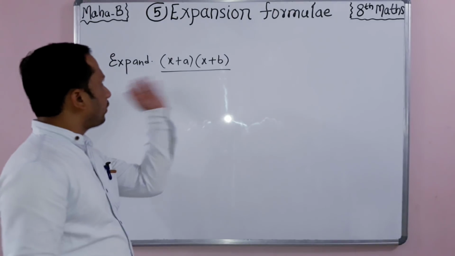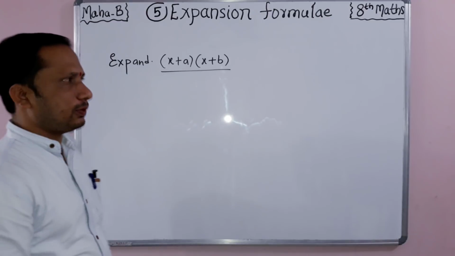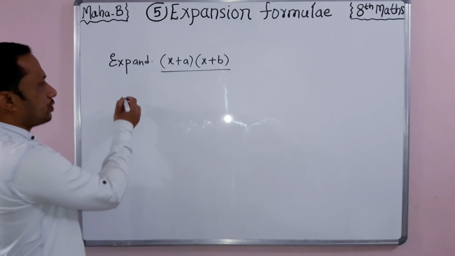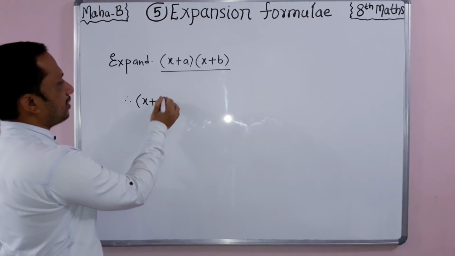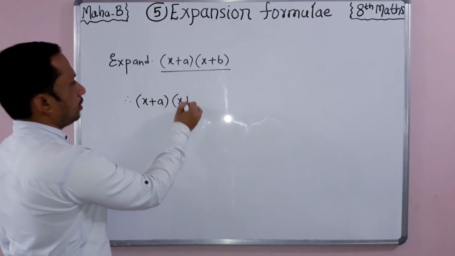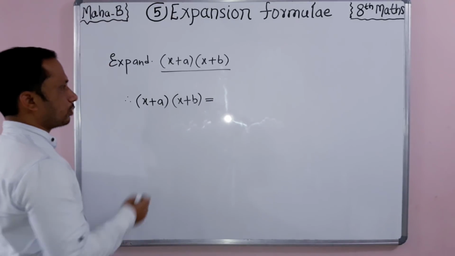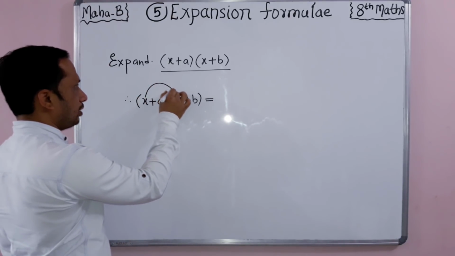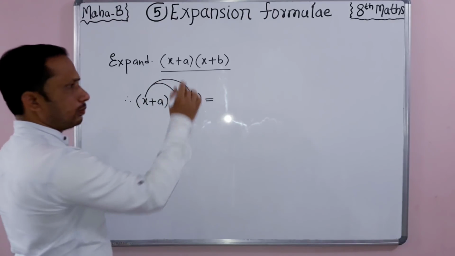Now see students, we have to expand (x plus a) into (x plus b). How can we expand this? First we write the given two factors, (x plus a)(x plus b). First multiply x by x and then x by b.